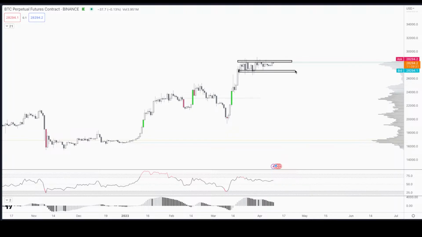Basically that's our range, right? So I'm still expecting something like this, and then a fast move up. But if it gives this instead, I'll take it also. Very simple plans.